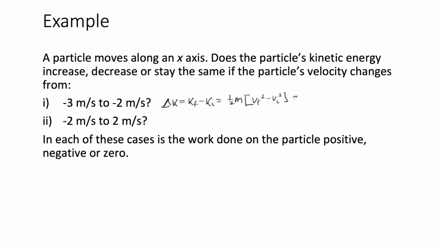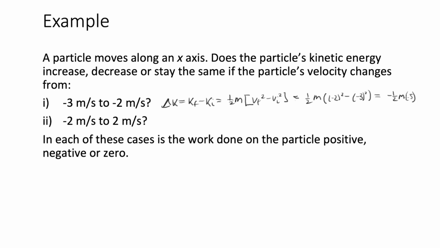So in this case, I've got a half m. Now the final velocity is 2, so this is minus 2 squared minus the initial velocity, which was minus 3 squared. And so you can see this is going to be a negative. So I'll have minus a half m times 4 minus 9, which is times 5.